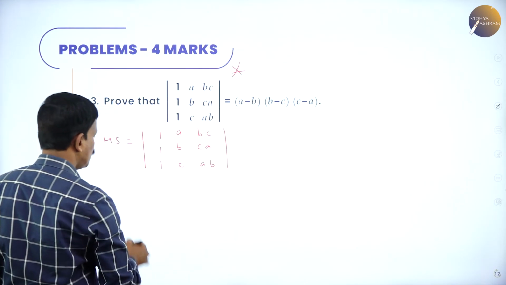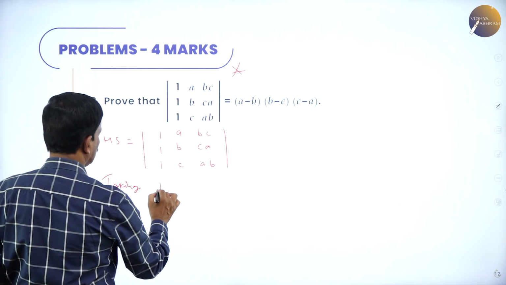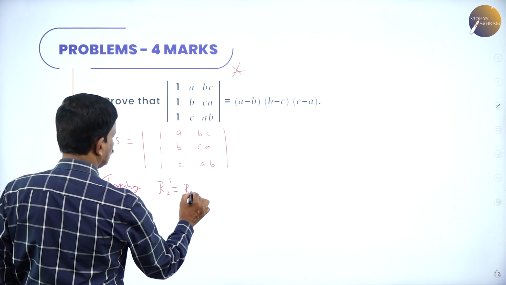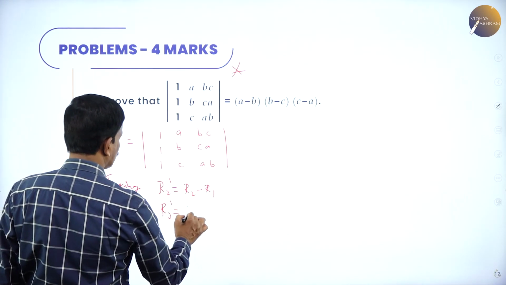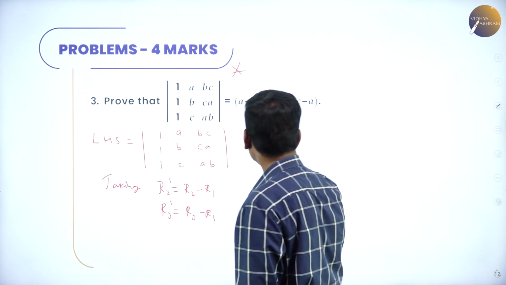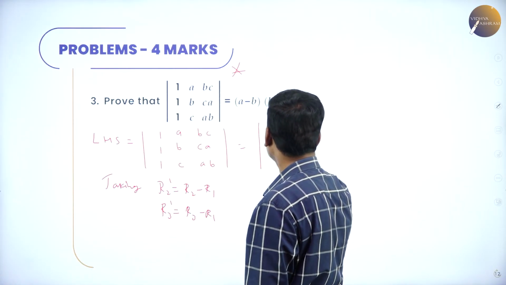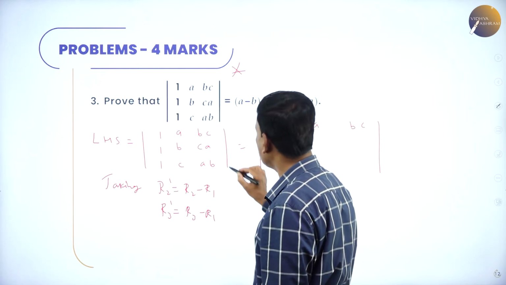Now you can use these properties: taking R2 dash is equal to R2 minus R1 and R3 dash is equal to R3 minus R1. So this can be written as, first row is the same: 1, 1, 1.